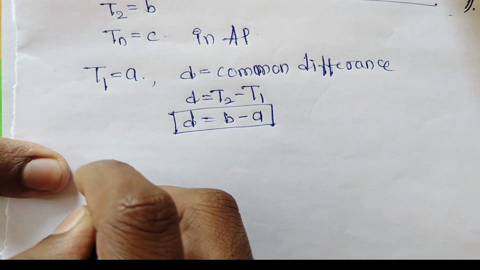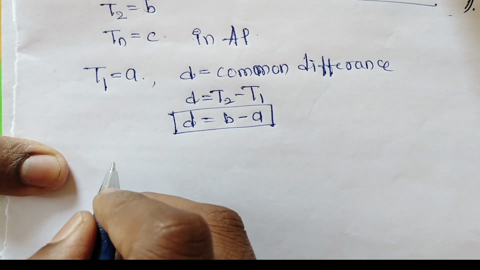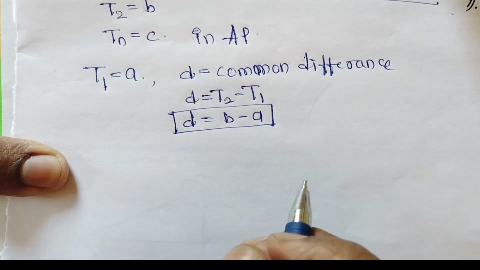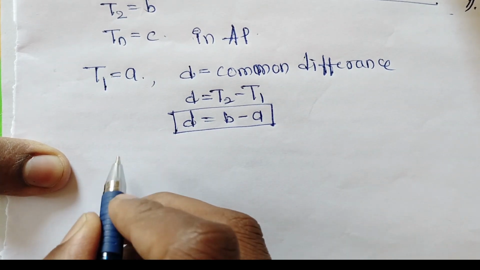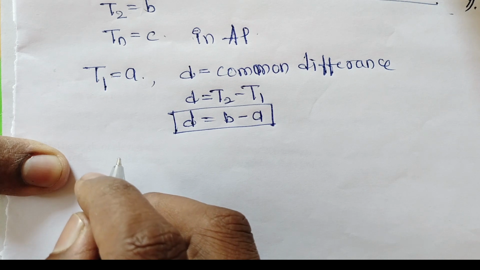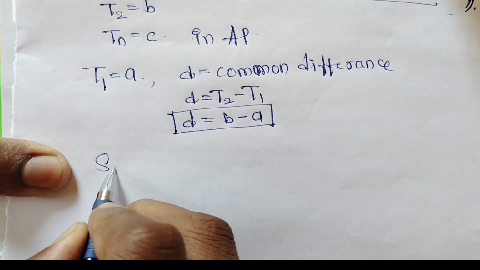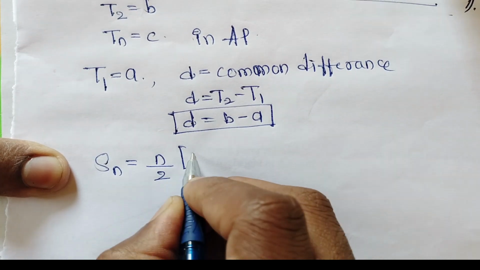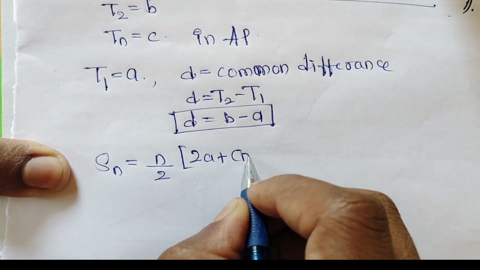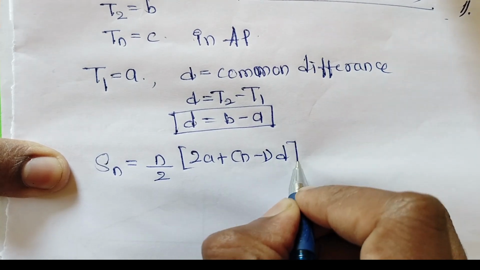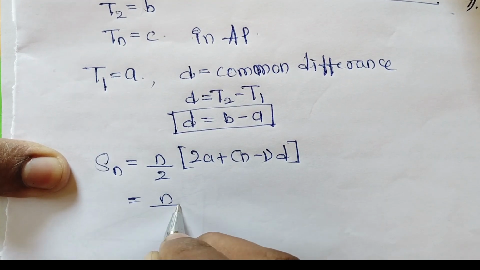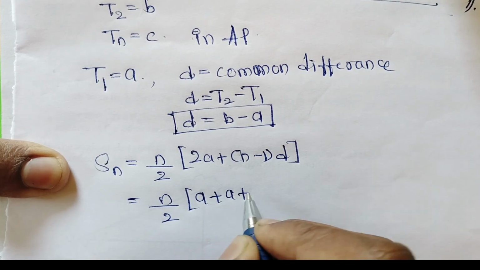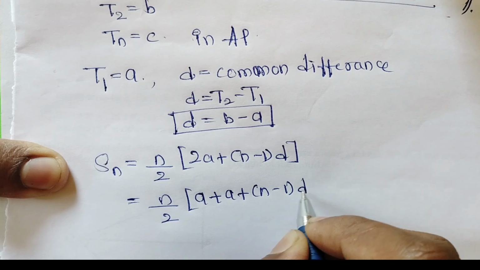Now we have to find Sn. We know a and d. Sn is given by n by 2 into (2a plus (n minus 1) into d), and it can also be written as n by 2 into (a plus (a plus (n minus 1) into d)).